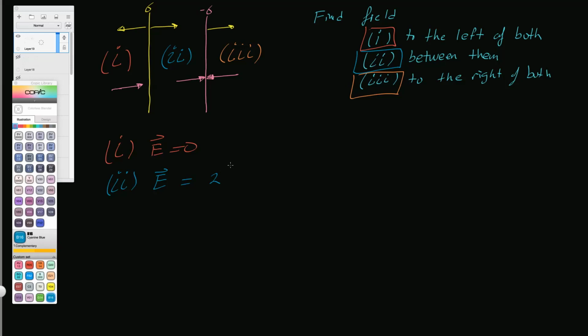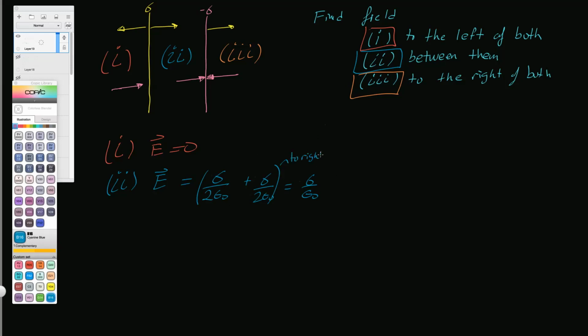Oh, it was sigma over 2 epsilon naught, and they're both in the same direction, plus another sigma over 2 epsilon naught, which just gives me sigma over epsilon naught. And these were to the right. So I have to say to the right.